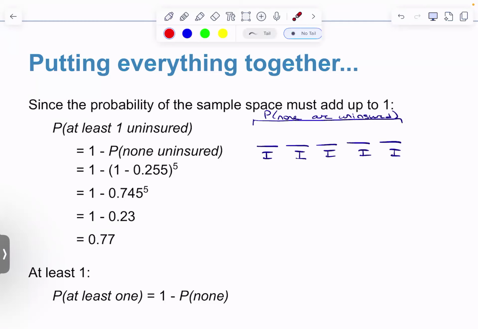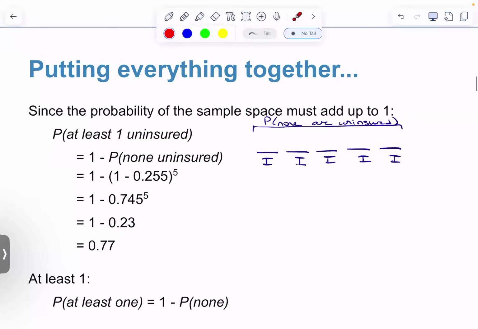The probability that they have insurance in itself must be 1 minus 0.255, which is, oops, not divided, minus 0.255. I get 0.745.